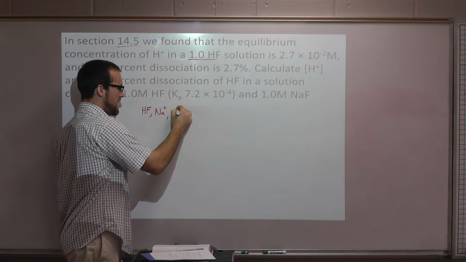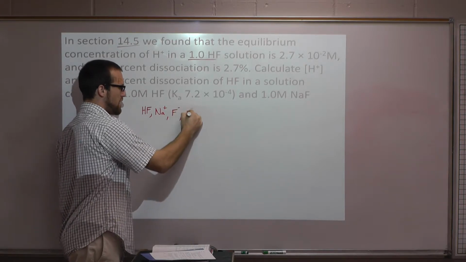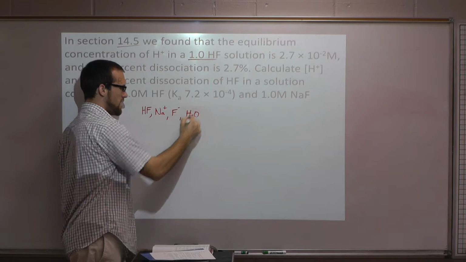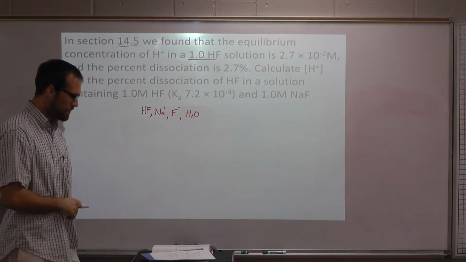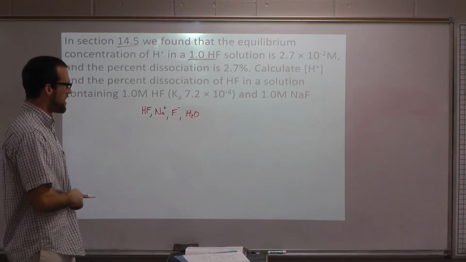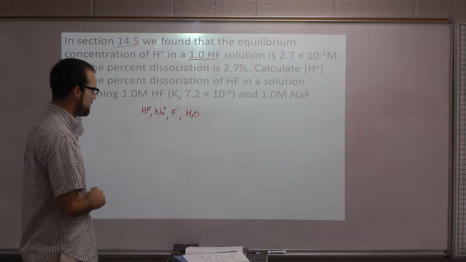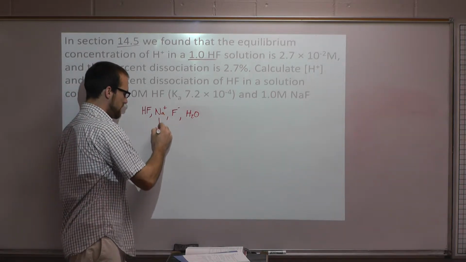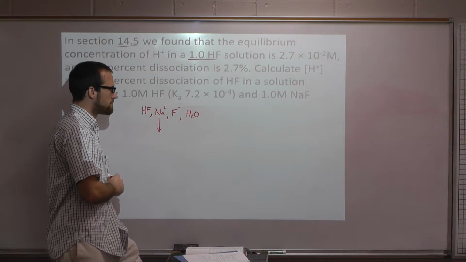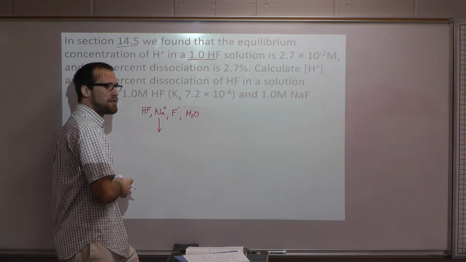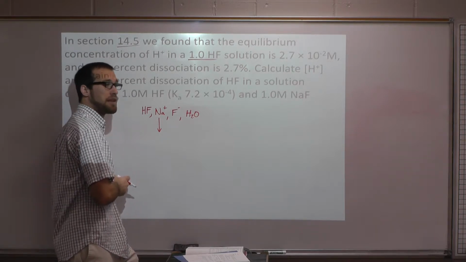We'll have a lot of that, and we'll have some H2O. Now let's figure out what things are important here. We don't have any H plus at all. Well, we will, but it's not going to be the main thing for that reaction.